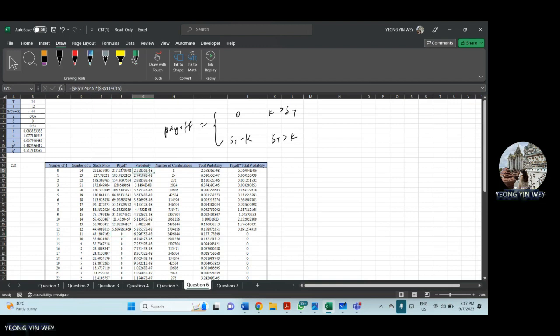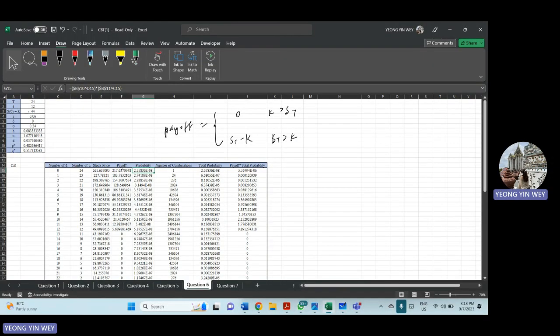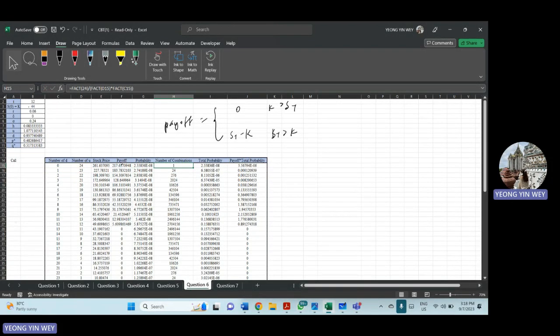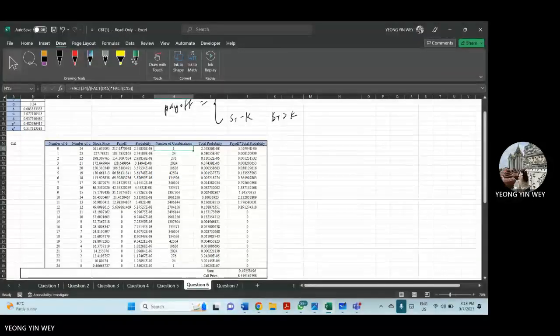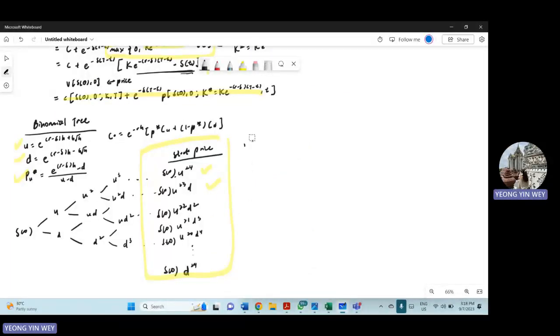Okay, for the probability part, we are just calculating the probability of U24, U23D. The probability for U24 is P to the power of the number of U times Q to the power of the number of D. Then the number of combinations.